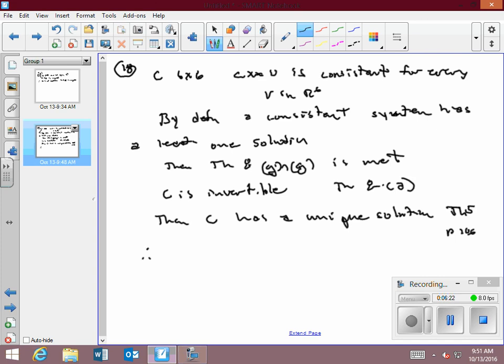Therefore, you can say Cx equals V cannot have more than one solution. So that's the way you go through showing that that statement is true.